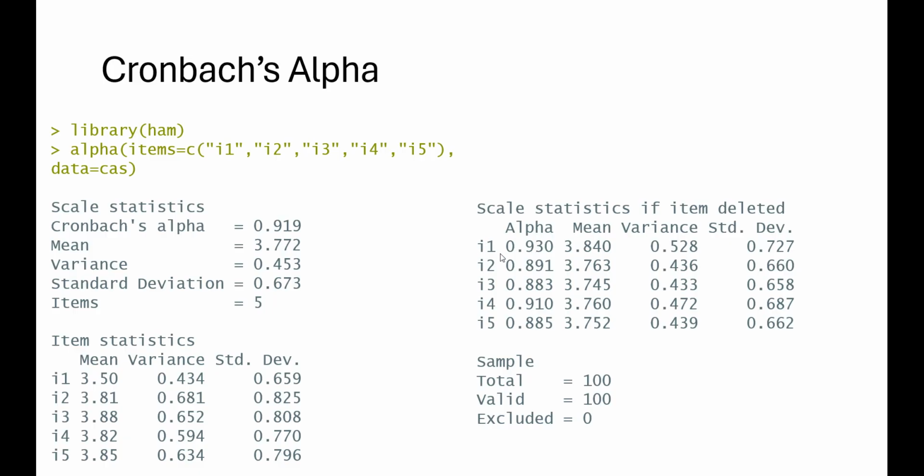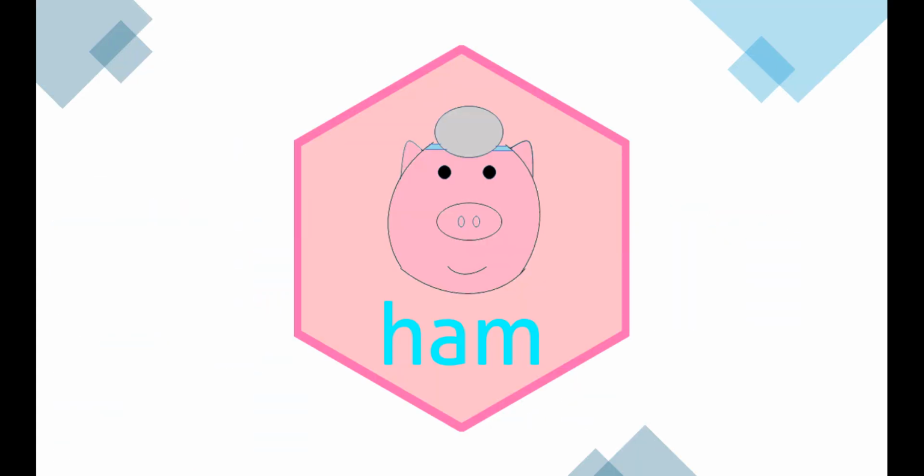If we drop that first question, it'll improve our alpha to 0.930. It's a little bit better, and it's already at the excellent level. So you can technically improve your alpha and get a more reliable scale, but that question number 1 may be really important to you, so you may want to keep it regardless of that improved alpha. And I use this all with my ham package.